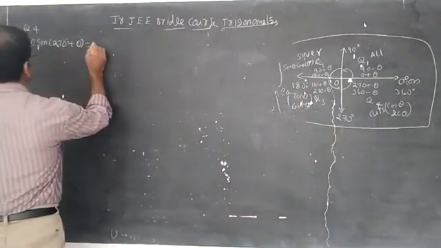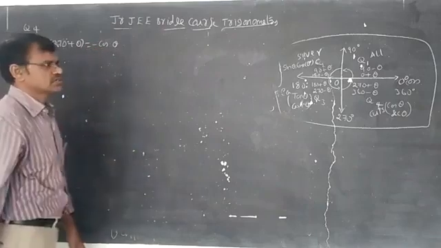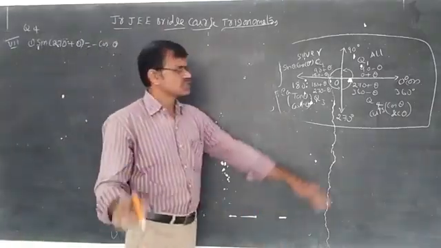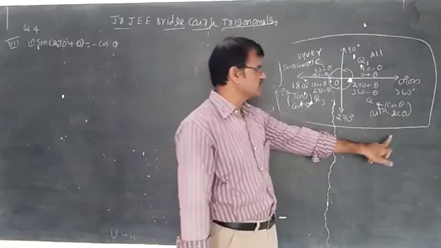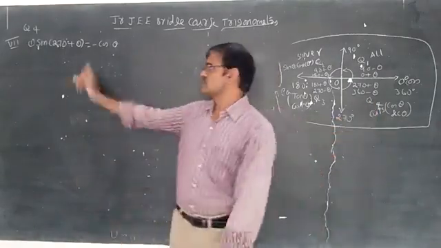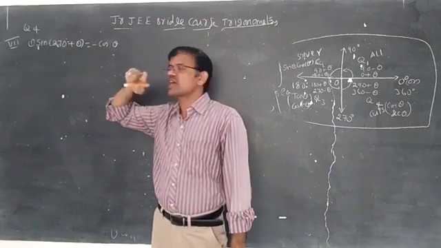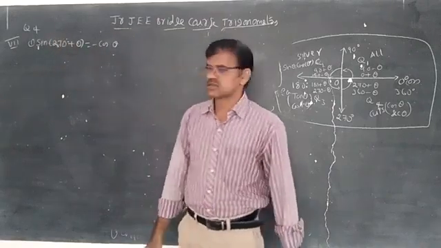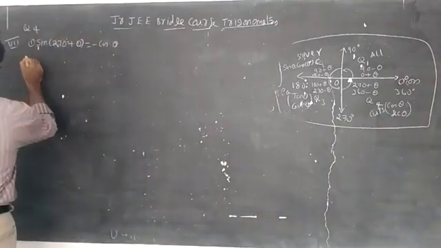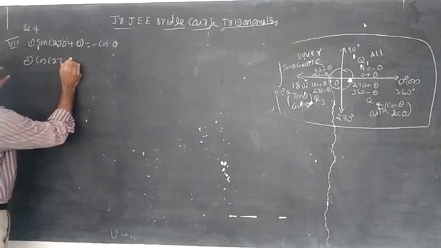So whenever 270 is there, it will be changed, so minus cos theta. Don't get confused that cos and sec are positive in the fourth quadrant, not sine. Here the cos you got from sine, so you should calculate about sine only, not cos. Now you write the second one, cos of 270 plus theta.